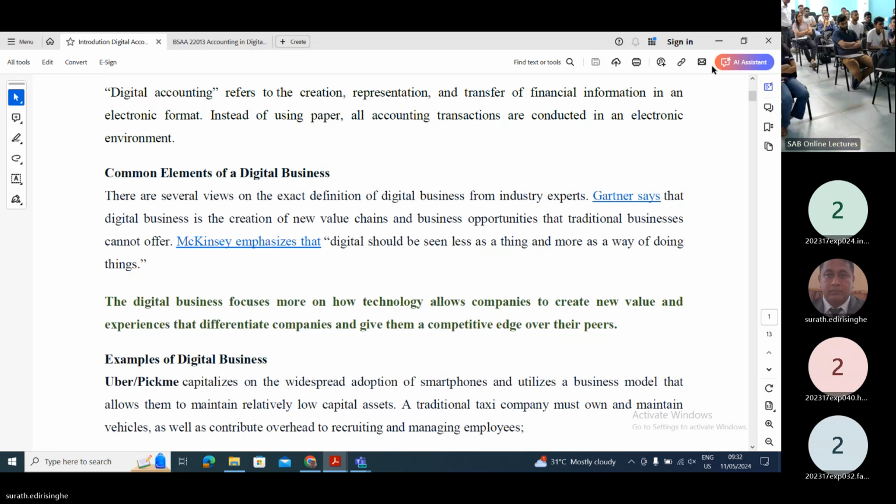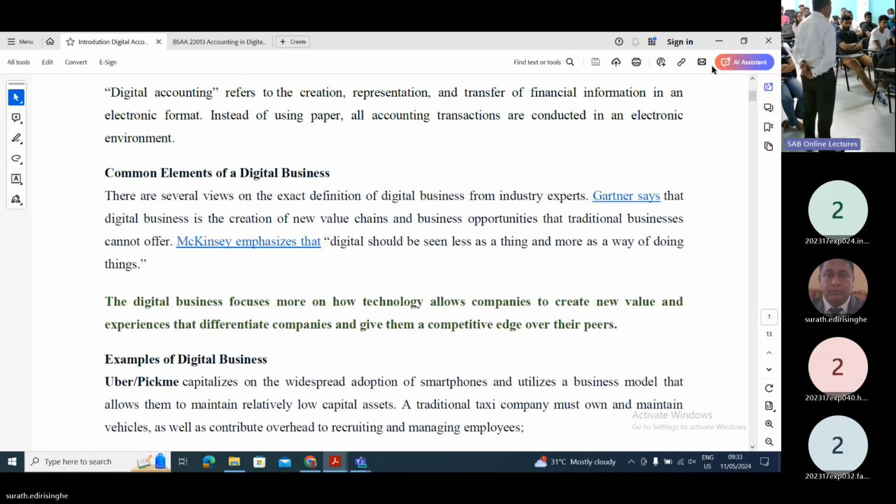Therefore modern business people get a new advantage, creating new value chains for their business activity, and traditional business people cannot offer this. These are the common features and elements that have been added to digital business.